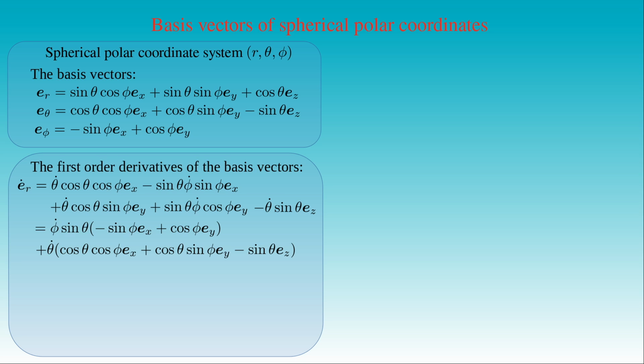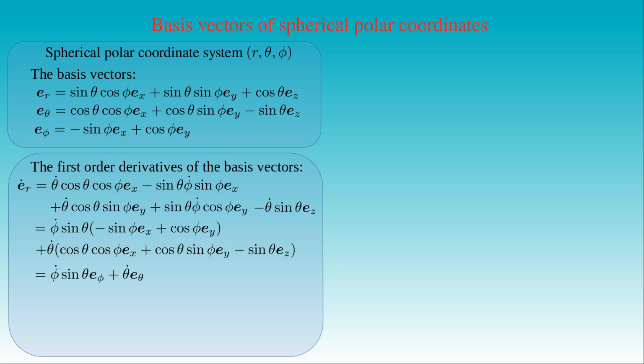Now we recognize that the expressions in the parenthesis in the first term give the basis vector e phi, whereas the expressions in the parenthesis in the second term give the basis vector e theta. Then the derivative of the basis vector er can be written as phi dot times sine theta times e phi, plus theta dot times e theta.